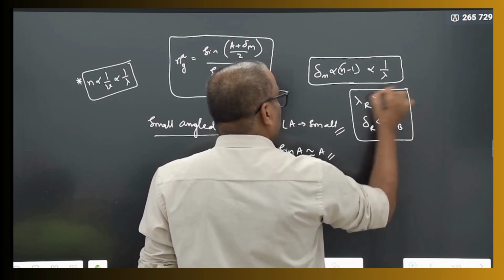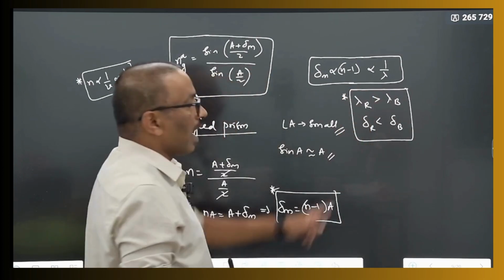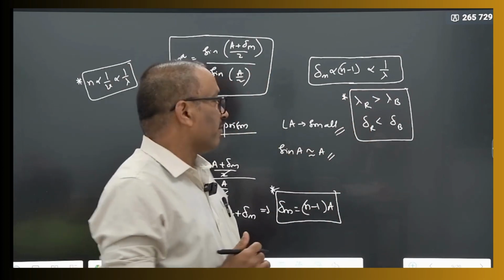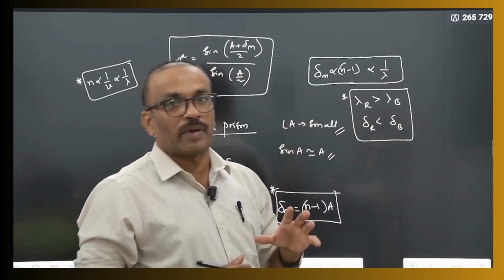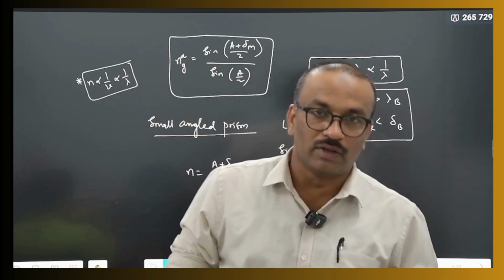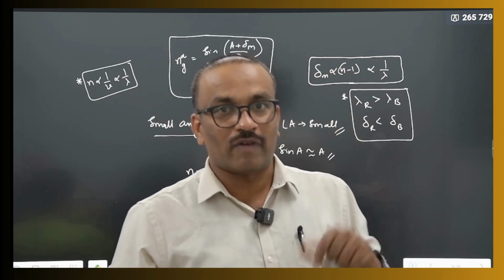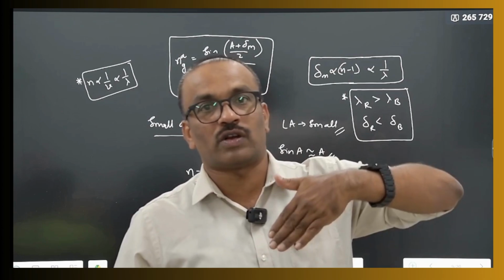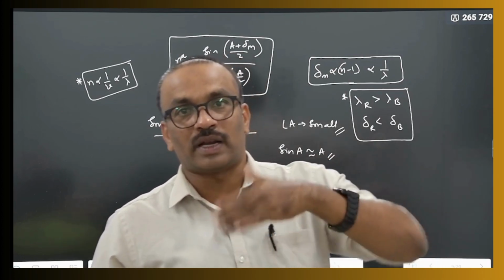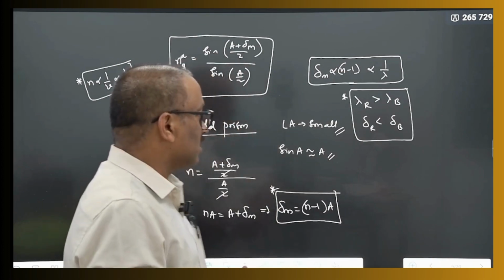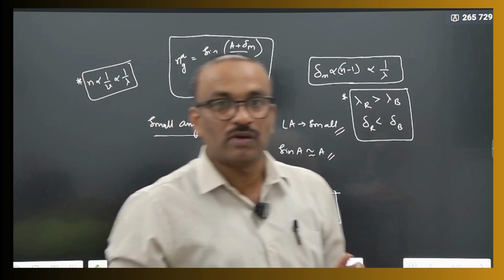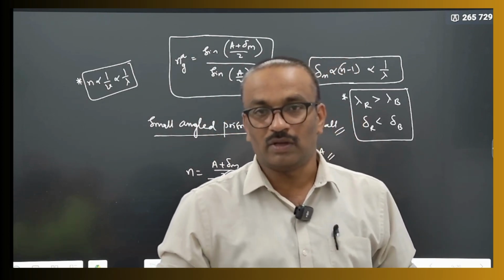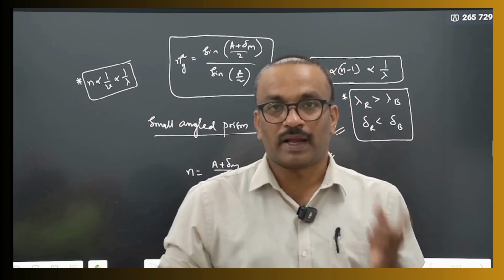So if different colors are there, the angle of deviation will be different. That's why if you send polychromatic light, blue or violet color will have more deviation, but red color will be deviated the least. So you cannot get a sharp image if you use polychromatic light, because dispersion will take place. Clear?